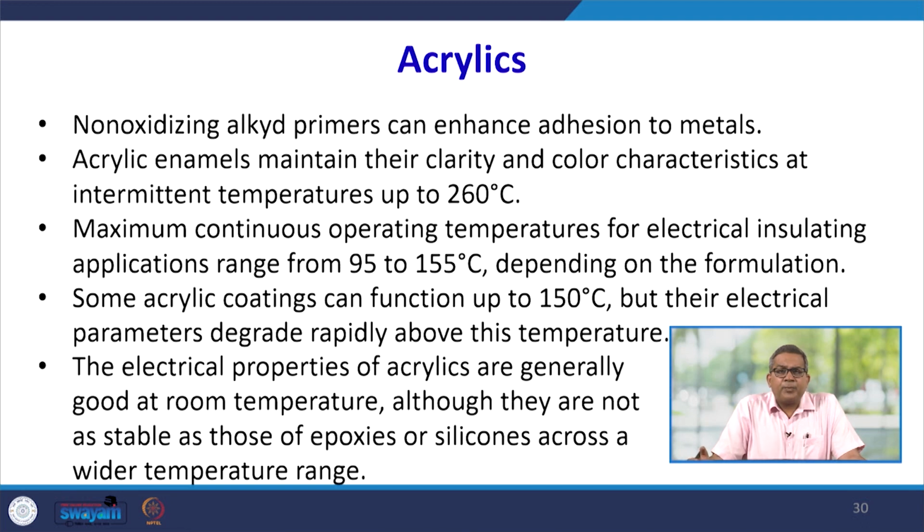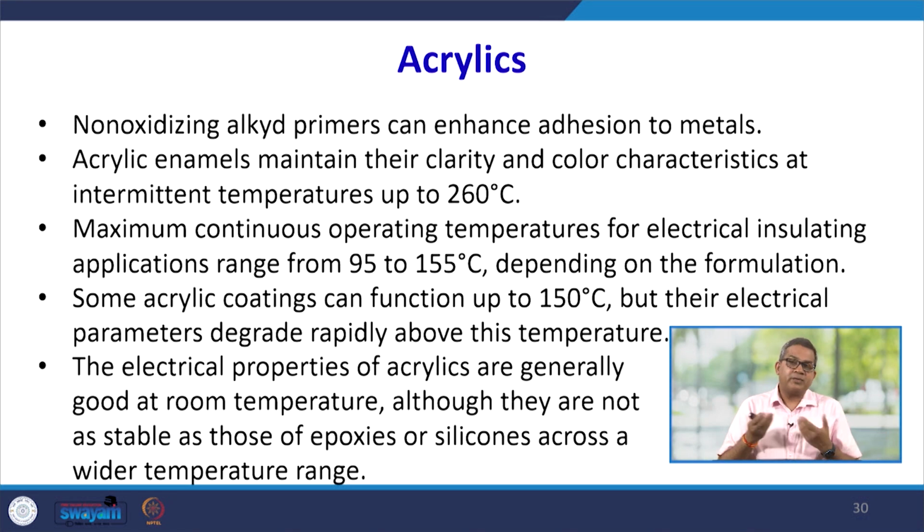Non-oxidizing alkyd primers can enhance the adhesion to metal. Acrylic enamels maintain their clarity and color characteristics at intermittent temperatures up to 260 degrees Celsius. The maximum continuous operating temperature for electrical insulation can range from 95 to 155 degrees Celsius depending upon the formulation.